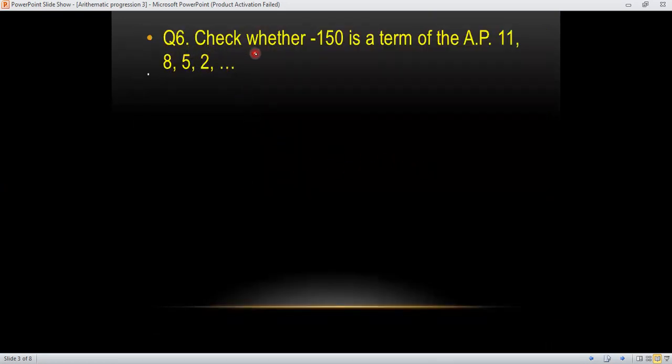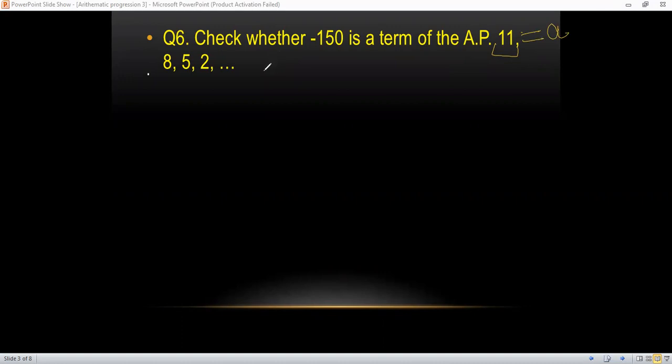First question is, check whether minus 150 is a term of the AP 11, 8, 5. Now let's understand how we are going to solve this. Here the first term is given, that is 11. This is A. What is the common difference?